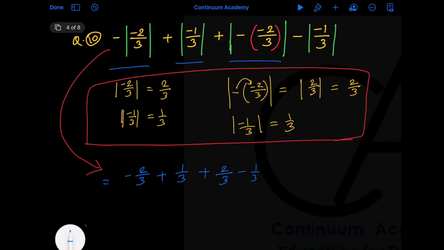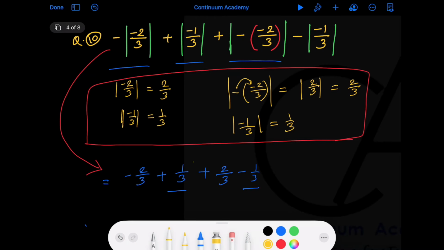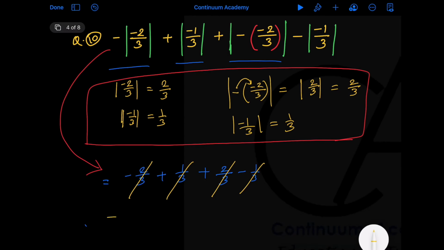So now you can see that 1 by 3 plus 1 by 3 and minus 1 by 3, this will get cancelled. And also you have minus 2 by 3 and plus 2 by 3, this will also get cancelled. So the answer will be 0. Minus 2 by 3 plus 2 by 3 is 0, and 1 by 3 minus 1 by 3 is 0, and 0 plus 0 is 0. So this is your answer.